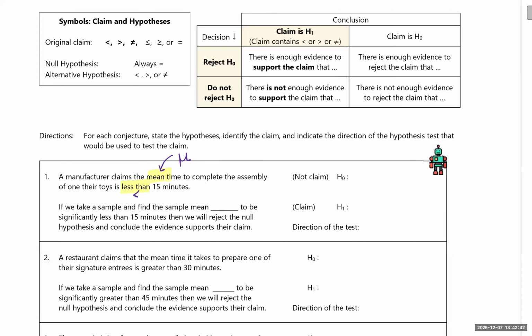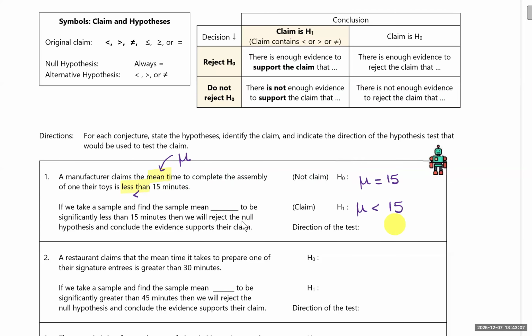Less than is the less than sign, and that will be our claim. So mu, the population mean, is less than 15 minutes. All right, the null hypothesis, not the claim, is always going to be a statement of equality, so that the mean is 15 minutes.